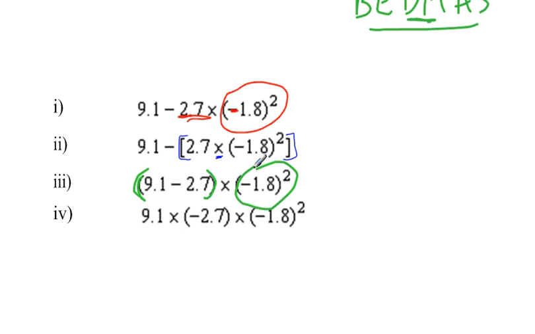In the fourth example, those brackets there are to distinguish between negative and positive, and in this one we could simply multiply 9.1 times negative 2.7, and then we can multiply that by negative 1.8 after we square 1.8, because again, exponents have to happen before multiplication or division.